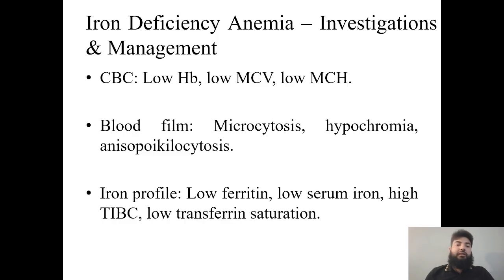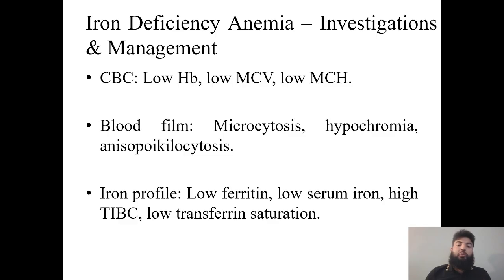You will see this in the complete blood picture, and the blood film will show microcytosis, hypochromia, and anisopoikilocytosis. Aniso means there's a different term which is used in the reporting of blood film. So aniso means abnormality in the size, poikilocytosis abnormality in the shape.